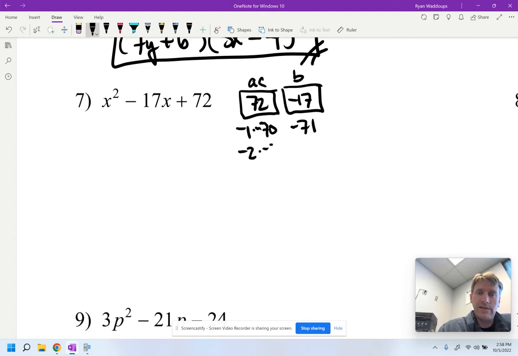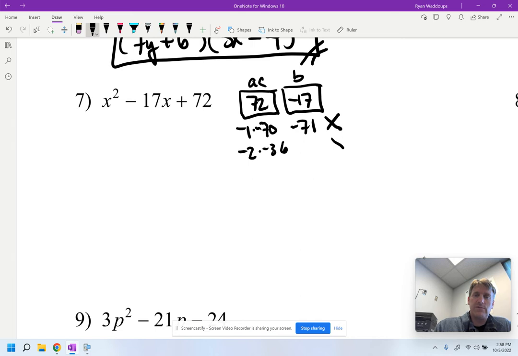-2 times -35, and that would give me -37. Oh, and I'm going to put an x because no. And so 3, will 3 go into 72? I'm sorry, this is wrong here. That's not 35, it's 36.